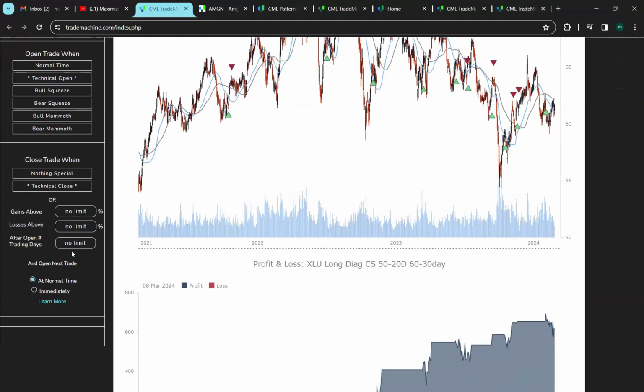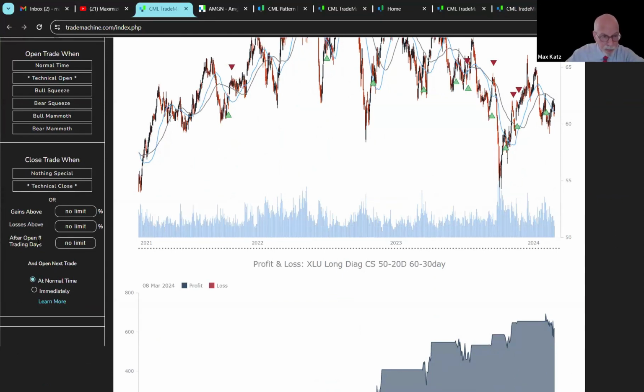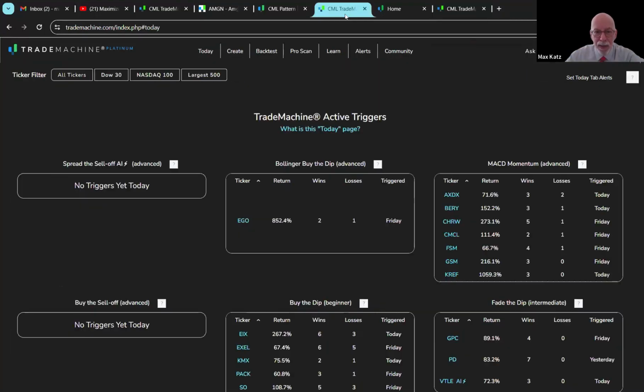However, if you're looking at close trade when, it is using trading days. Right. And if you can see my screen, I've scrolled down for the specific backtest. Close trade when, after open, a specific number that you enter of trading days right there that Amanda was just speaking about. Let's go back to the Today tab.